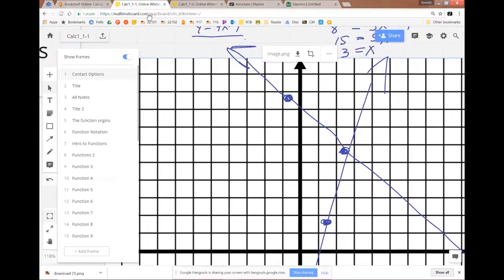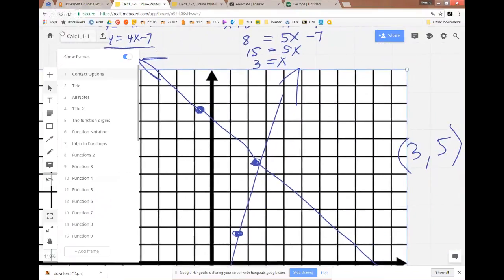And that was what we got, remember? 3 comma 5. So that matches up. But you didn't have to do it graphically. I just thought I'd throw that in. You can do it algebraically like I did at the top.